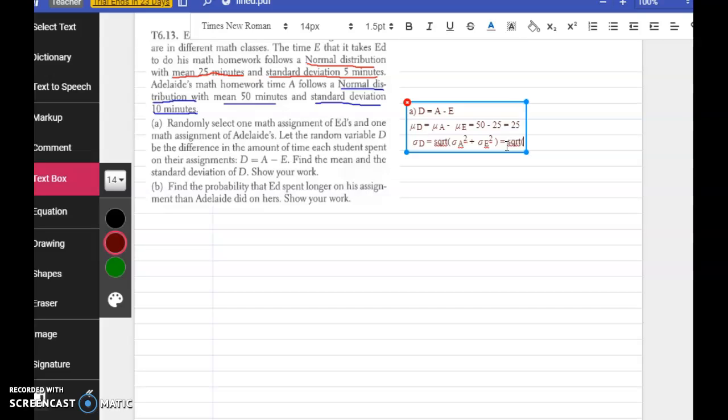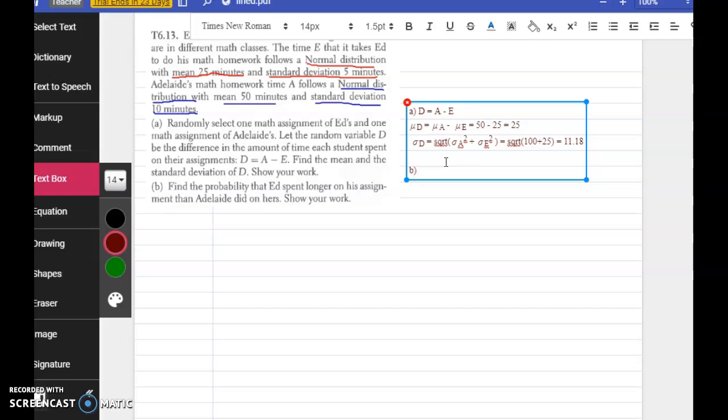Adelaide's standard deviation was 10, so 10 squared gives me 100, plus Ed's was 5. 5 squared is 25. And if I take the square root of that, it gives us 11.18 minutes. So there's the mean and standard deviation for part A.